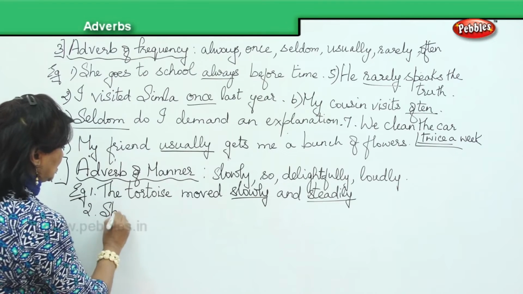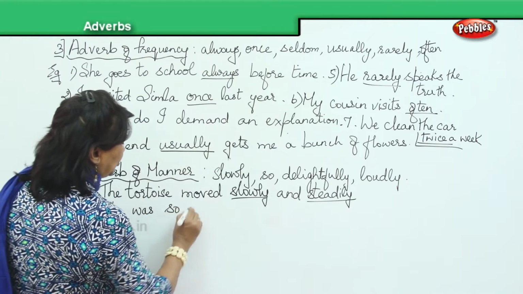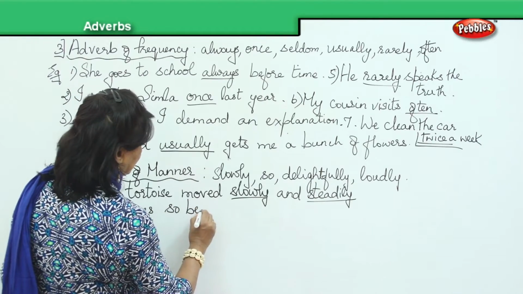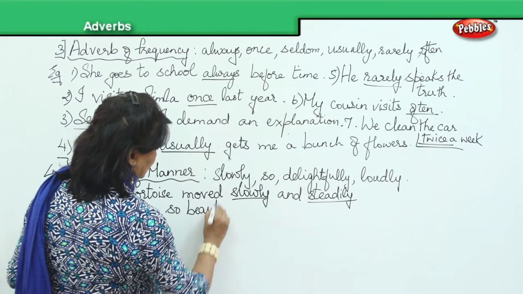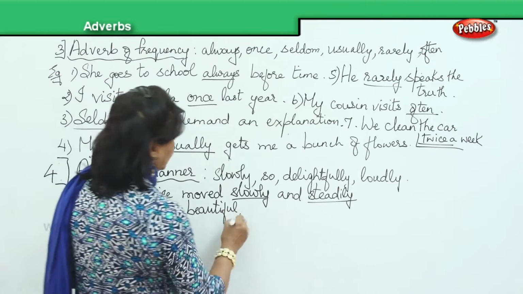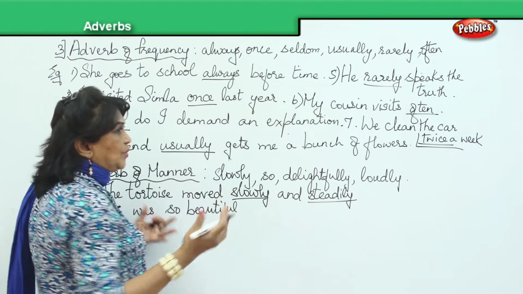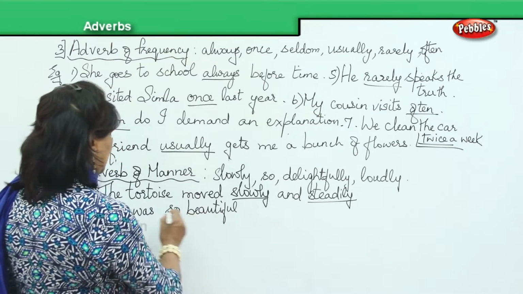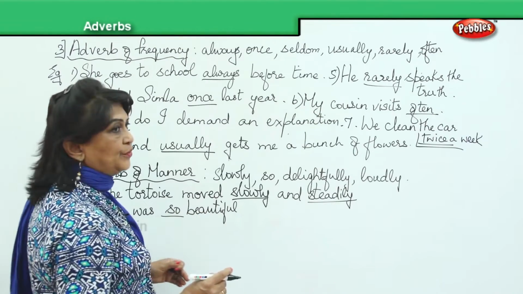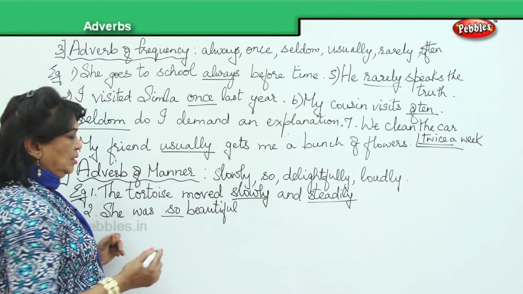Next one. She was so beautiful. She was so beautiful that she attracted a big crowd, if you can say. So beautiful. What manner was she?